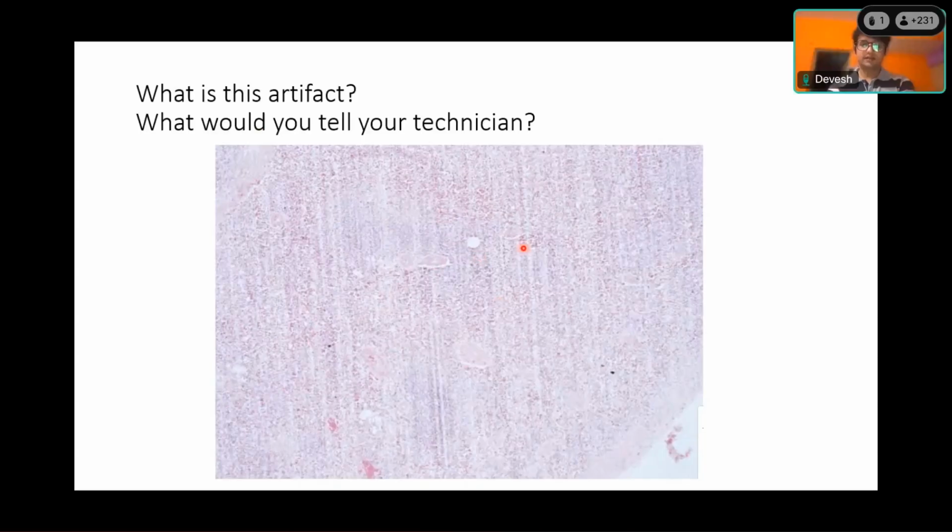Yeah, when the edge of your knife is blunt, then it can have all these very coarse lines across. So what would you tell your technician? Simple. To change the blades. Change the blade if you are using disposable blades. But I don't know whether there are labs which still use non-disposable blades where there is stropping and honing.